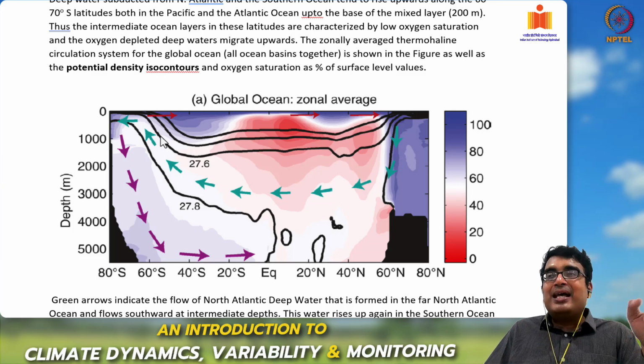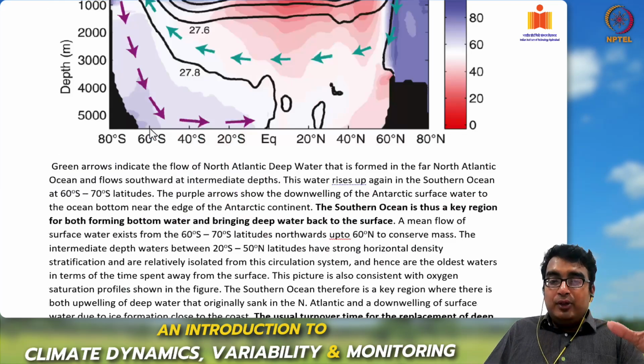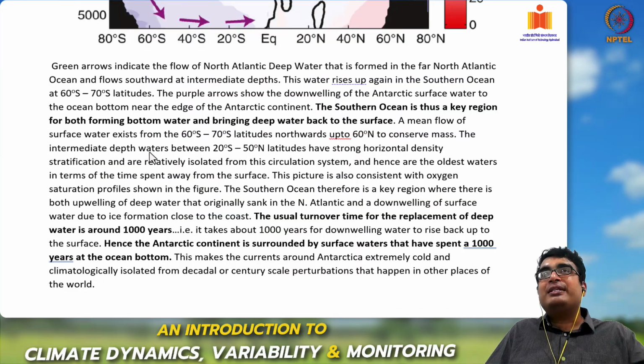At 80 degrees south, you have a downwelling of surface waters, and at 60 to 70 degrees south, you have an upwelling of the deep oceanic waters. So the Southern Ocean is a region where both water is coming up and water is going down.